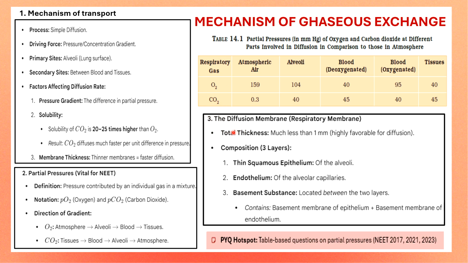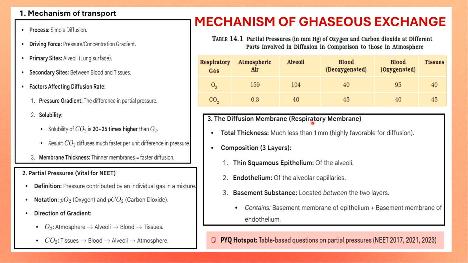Okay, then you have the diffusion membrane. Diffusion membrane is a respiratory membrane, that is the membrane across which the gases, both oxygen and carbon dioxide, should pass. Now, in order for the diffusion to take place, or the gas molecules to pass through the membrane, what should be the criteria? The membrane should be very thin.